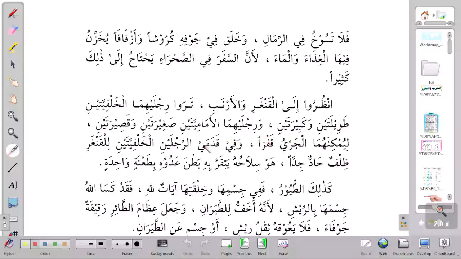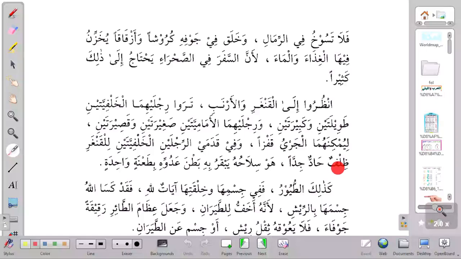So wafi qadamay rijlayni, and in the feet of the two legs, al-khalfiyataini, the back legs, for the kangaroo, zilfun hadun jiddan. There is zilf. Zilf is the hoof.